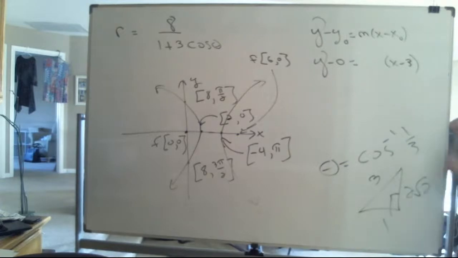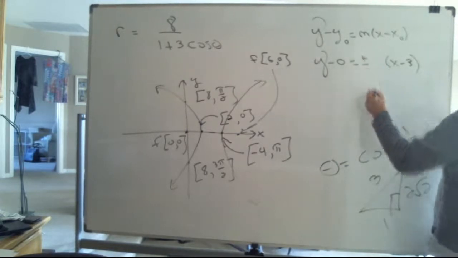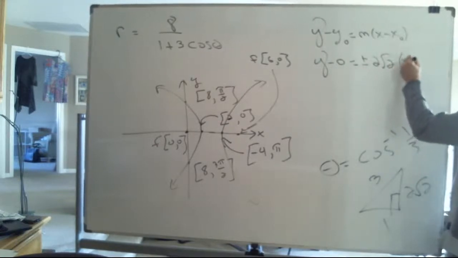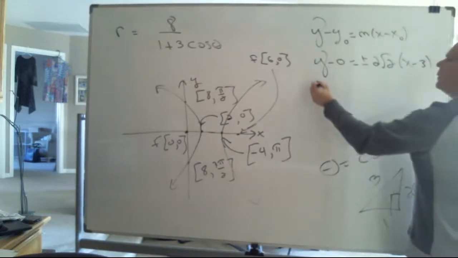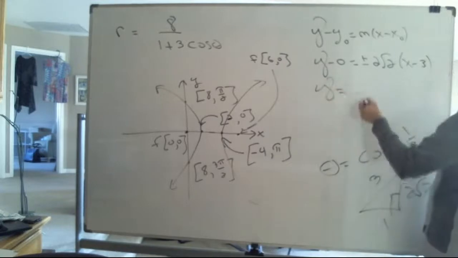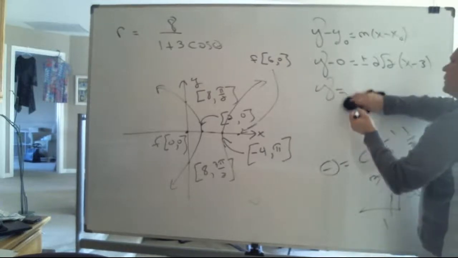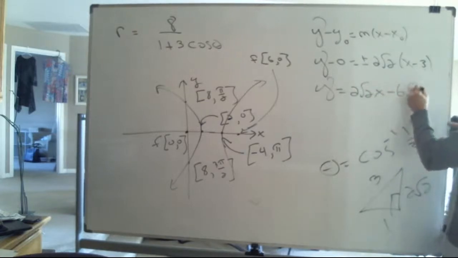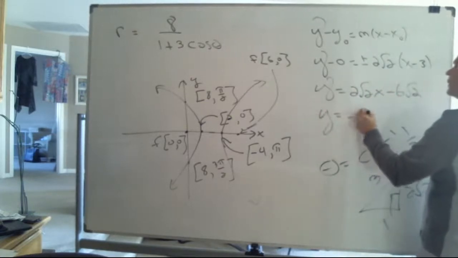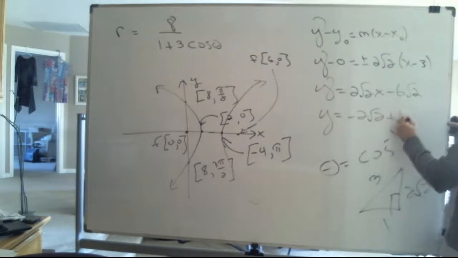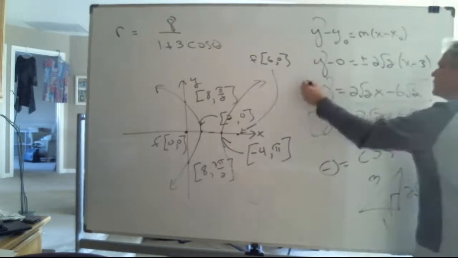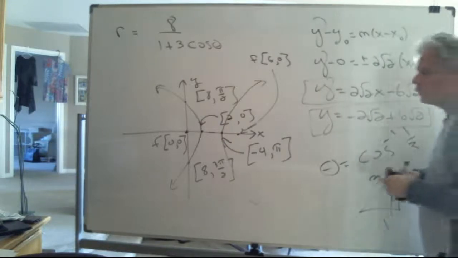That's this over that. There are the two equations of my asymptotes in rectangular form.